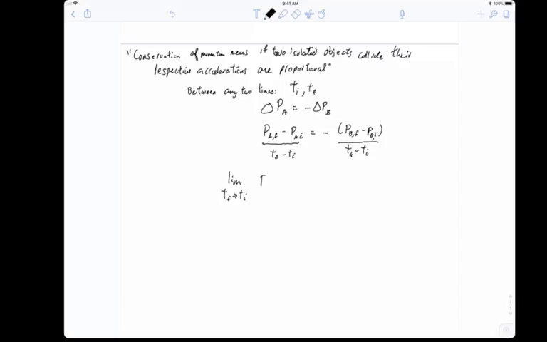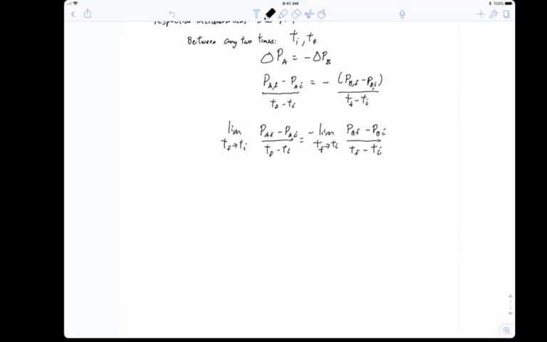This goes PA final minus PA initial divided by T final minus T initial, limit T final goes to T initial, PB final, there's a minus sign here, over T final minus T initial. And if you don't recognize it, this is a time derivative. d by dt PA is equal to minus d by dt PB.